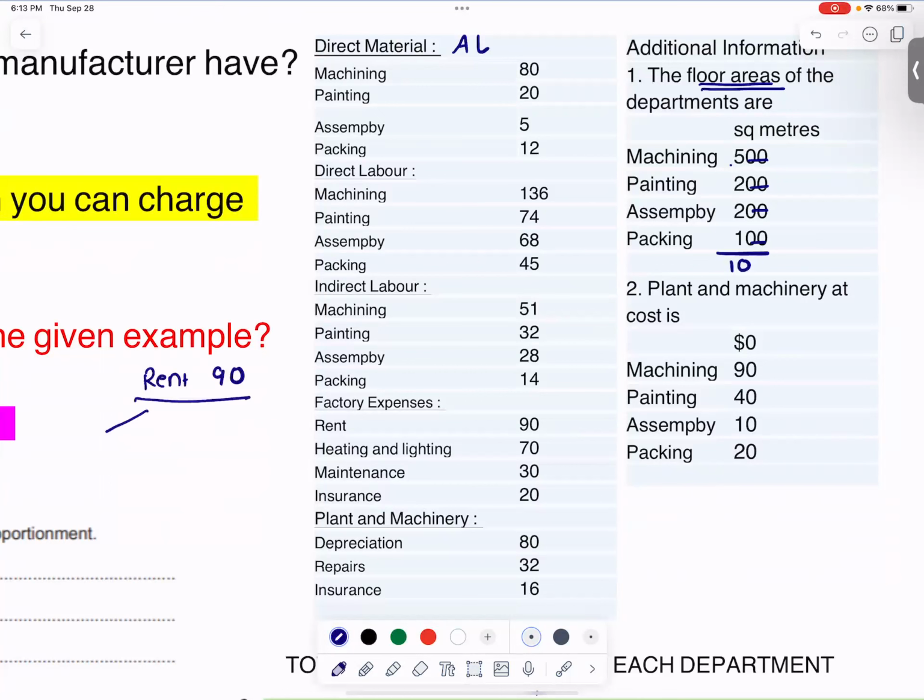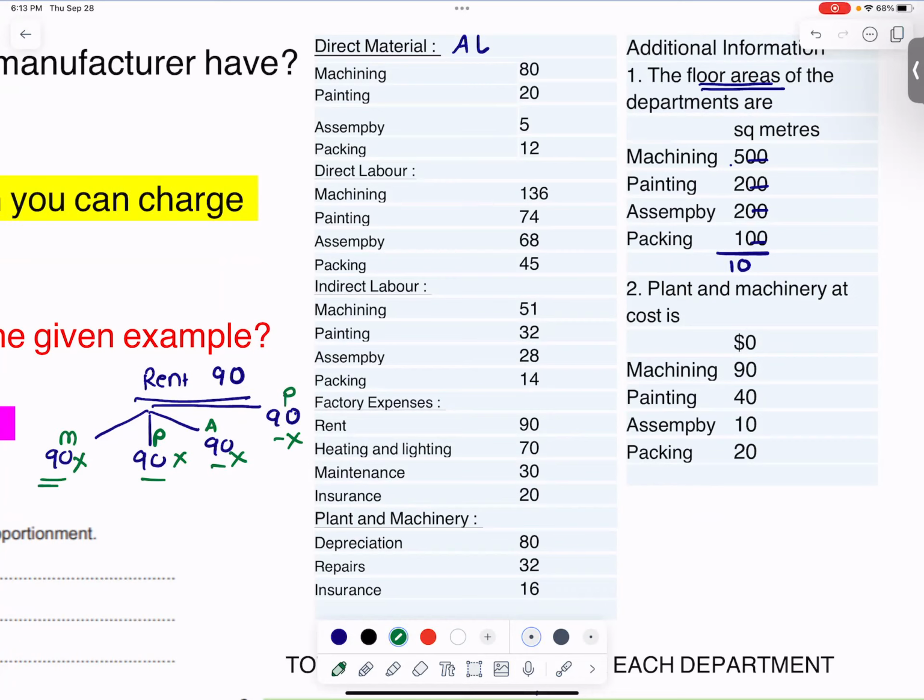This will be distributed amongst my 4 cost centers, and the suitable basis is floor area. The expenditure of 90 will be distributed amongst machining, painting, assembly, and packing. I hope you have your calculators with you.